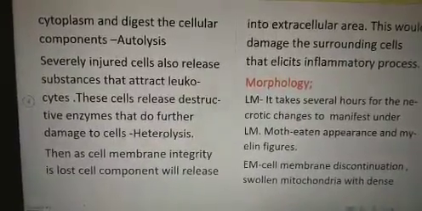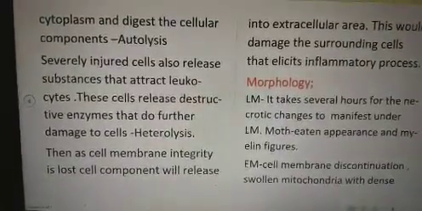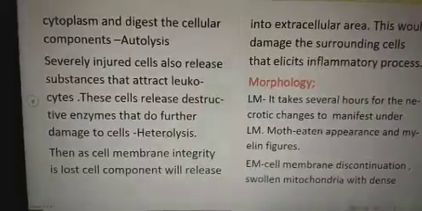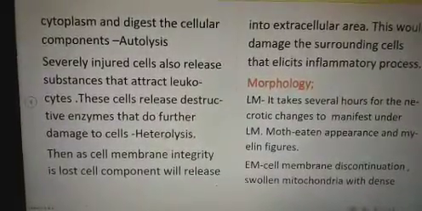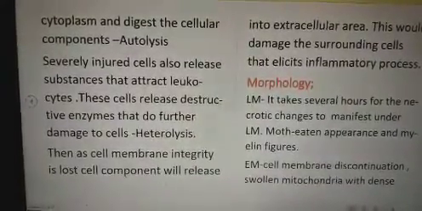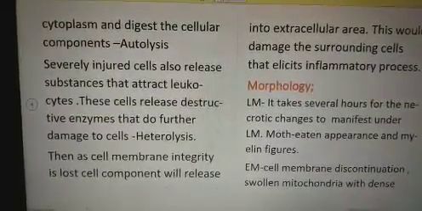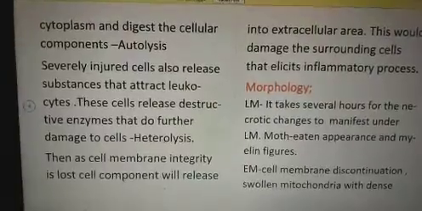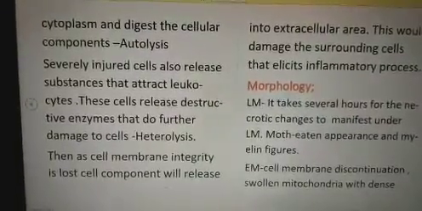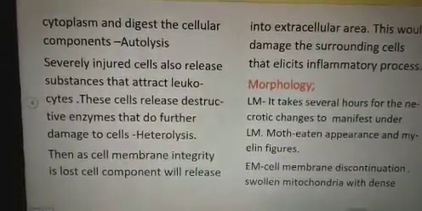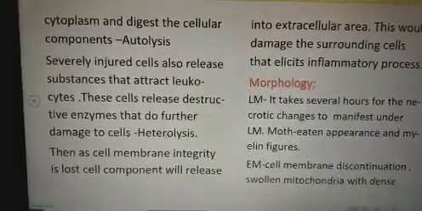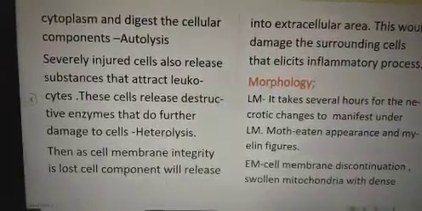The same is the case here. The tissue undergoing necrosis releases different types of inflammatory mediators. These inflammatory mediators attract different types of immune cells, and those immune cells reach the area of the damaged tissue and start to digest these damaged cells. That process is called hydrolysis.